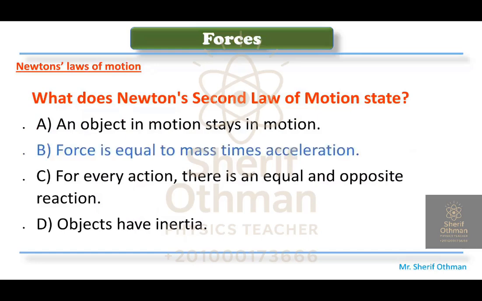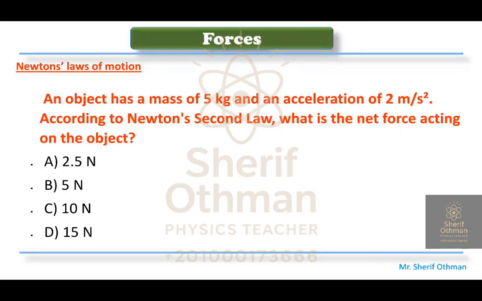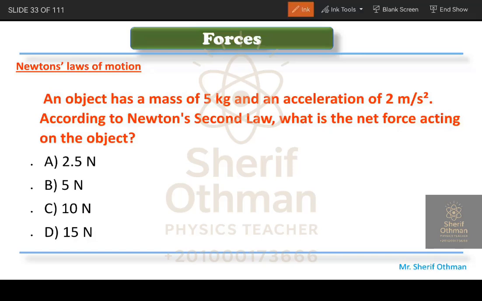Force is equal to mass times acceleration. According to Newton's third law of motion, if you push on a wall with a force of 20 Newtons, the wall pushes back with a force of 20 Newtons. An object has a mass of 5 kilograms and an acceleration of 2 meters per second squared.